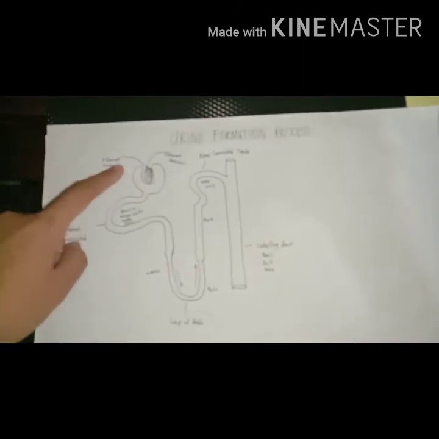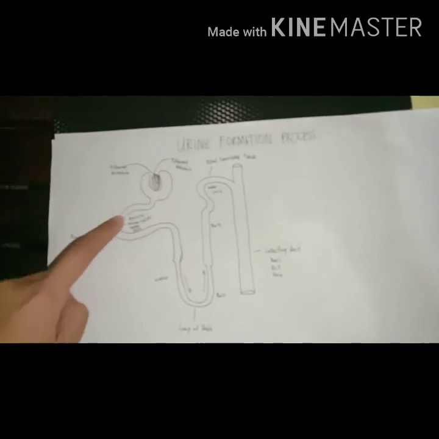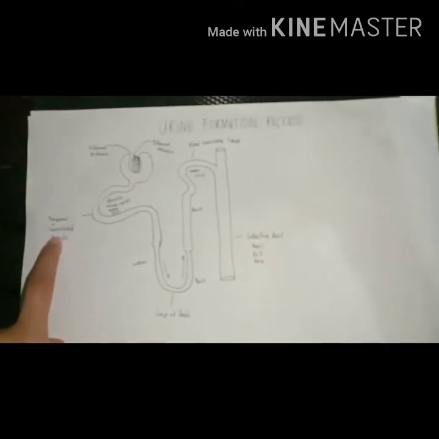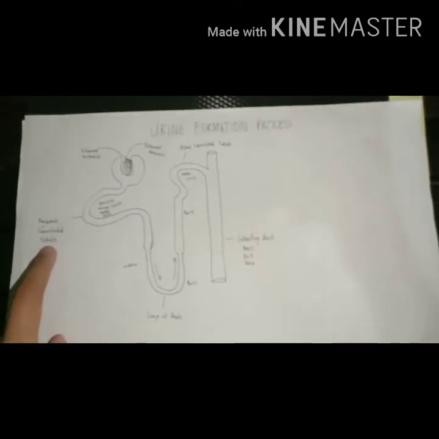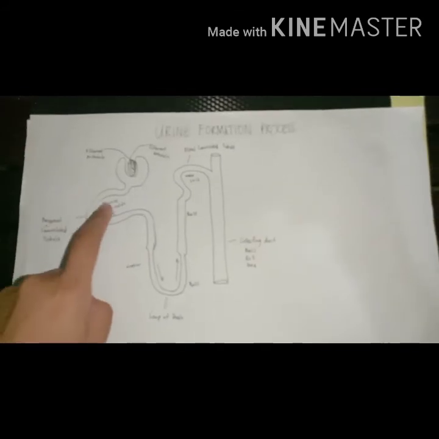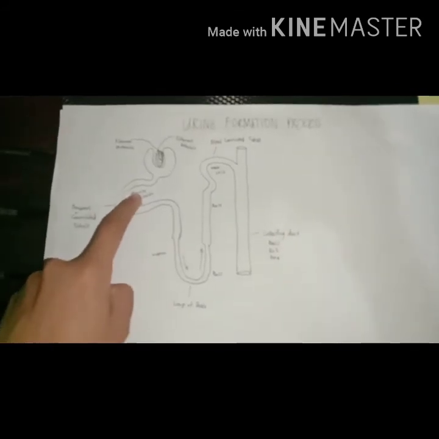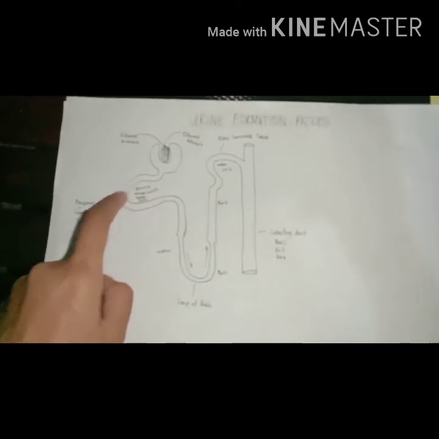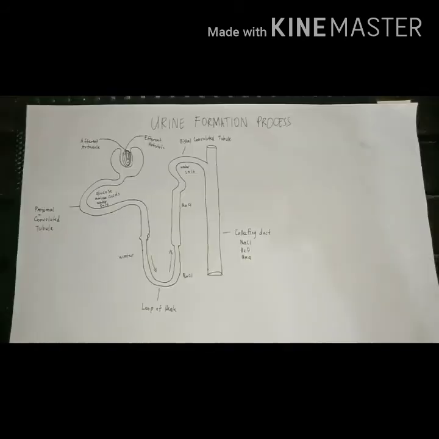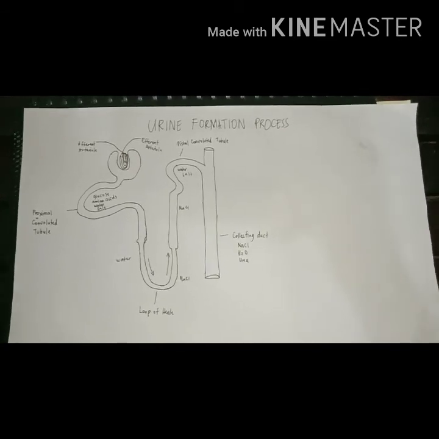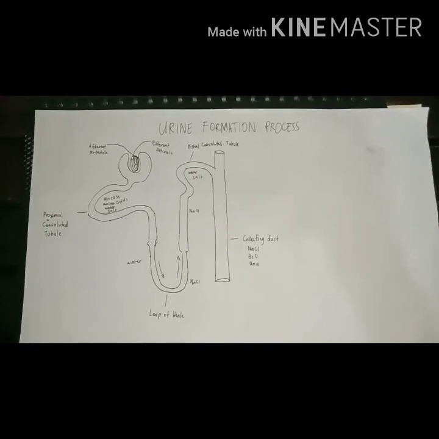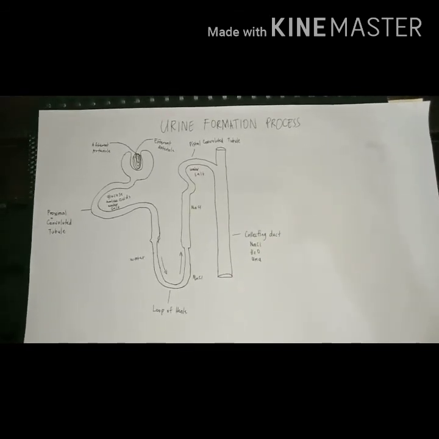The other substances go into the proximal convoluted tubule, in which the reabsorption takes place. The glucose is reabsorbed by active transport and diffusion. And by the way, diffusion is the movement of ions and other atomic or molecular substances without the need of energy.